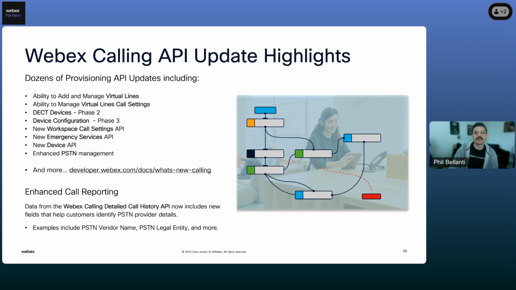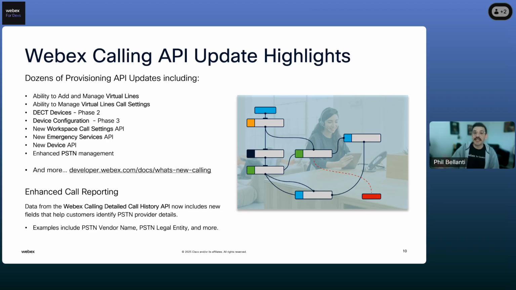And then in the last bullet, there are also new APIs for better PSTN management, or phone number or PSTN provider management, such as the new endpoint that gives the ability to retrieve and select cloud-connected PSTN providers for a given location. I think that's CCPP, it's noted as the acronym.